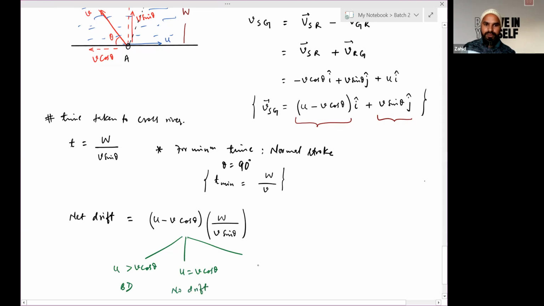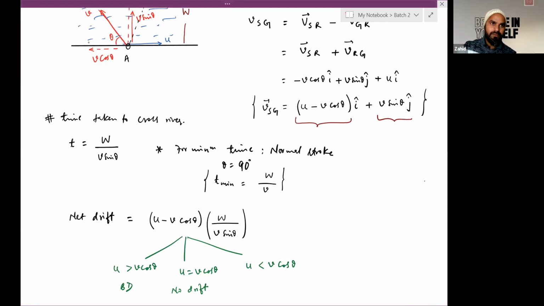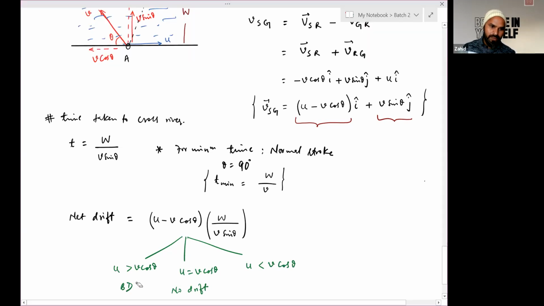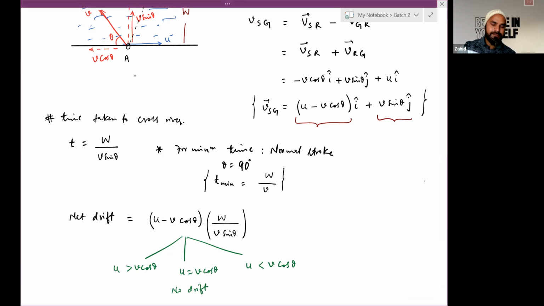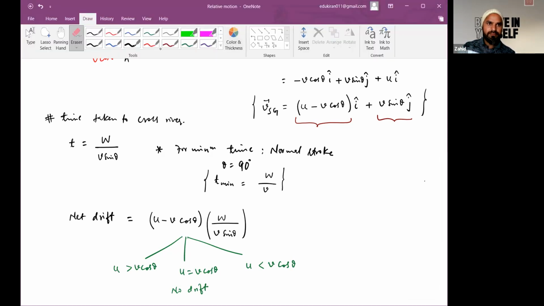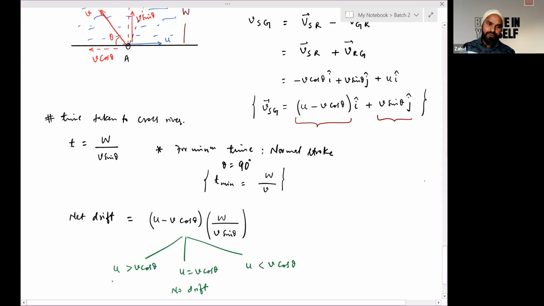And if u is less than v cos theta, it will drift along the left side. So it will be b to d. And the net distance from its actual path would be this much. Is it clear?